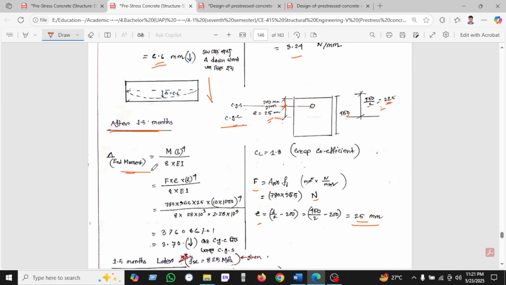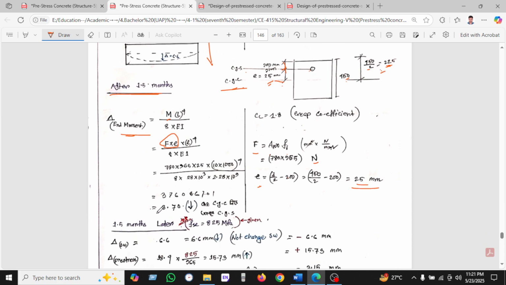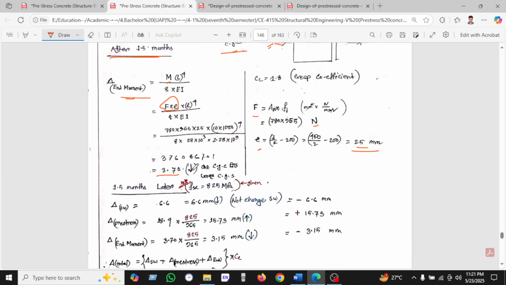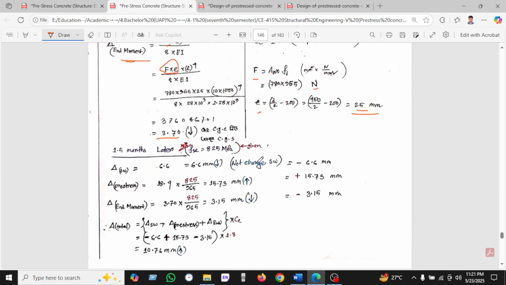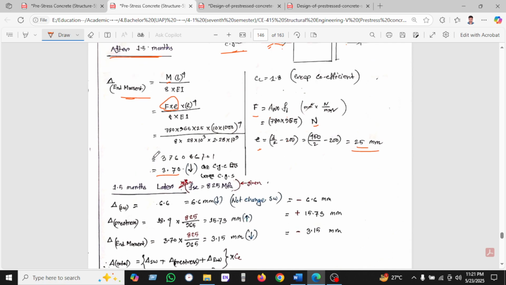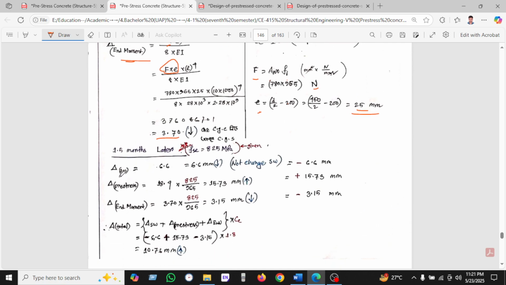For the moment deflection, we know it is M L to the power 4 divided by 8 EI, and moment means force into perpendicular distance, which is the eccentricity e, and putting all this value, we found 3.7. This is also downward.